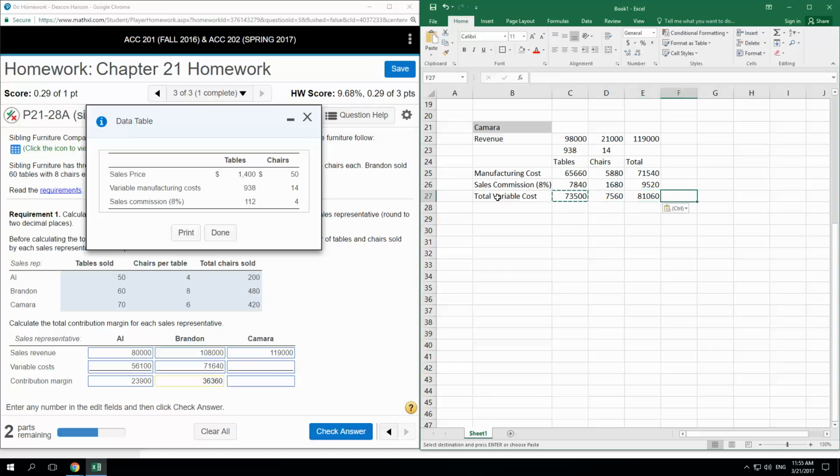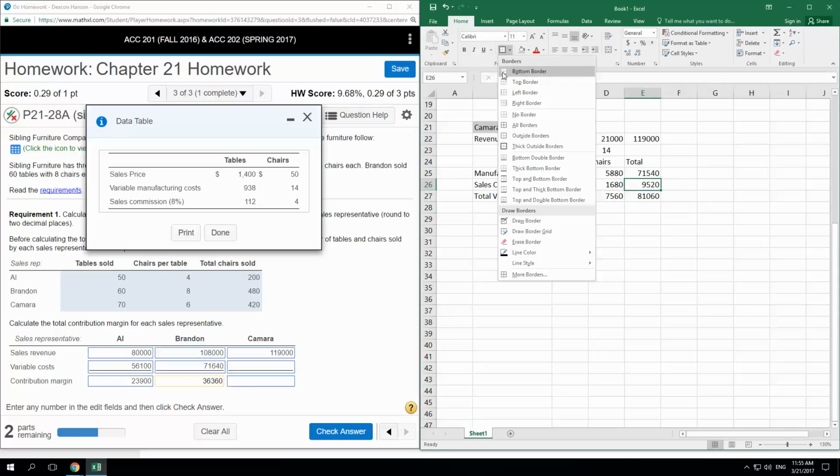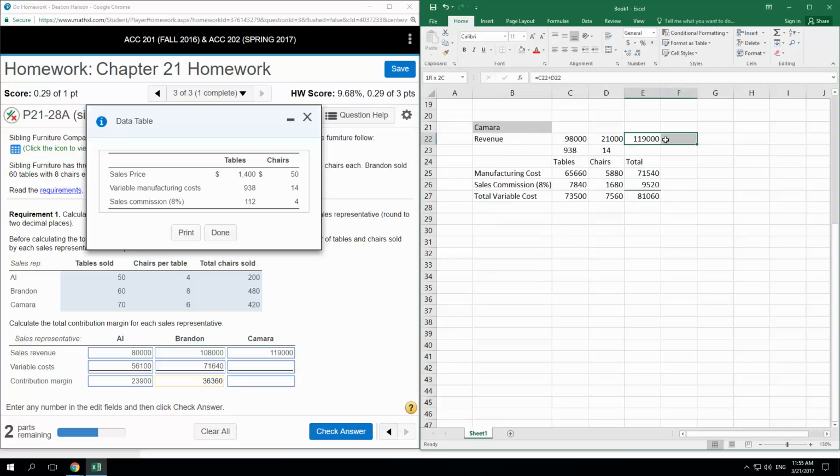And then I would always double check that it adds both ways. So looks like it does. If I take my total variable cost and subtract it from my $119,000 in total revenue, that will give me my contribution margin. So let's see what we get.